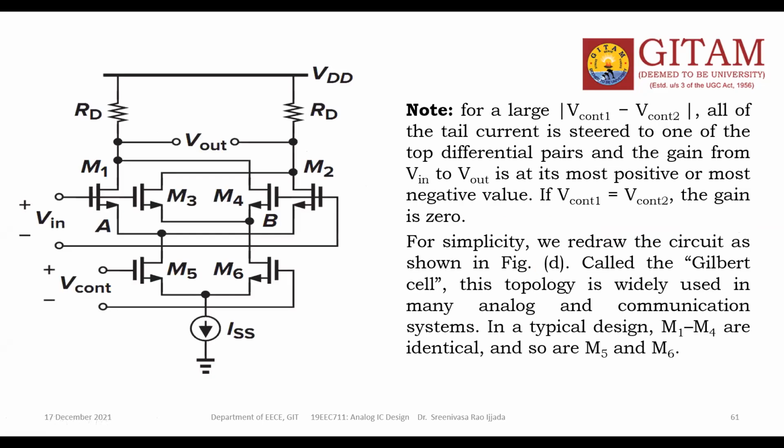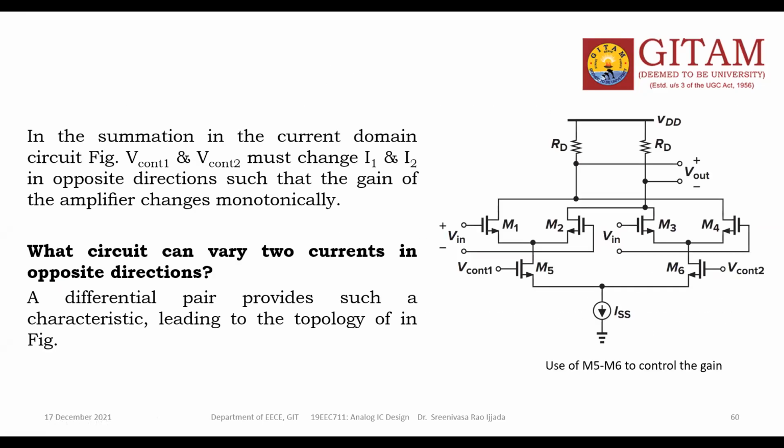Finally, this configuration I can bring to a very simple looking form. M1 and M4 we can keep on one side, and M2, M3 you can keep on another side.